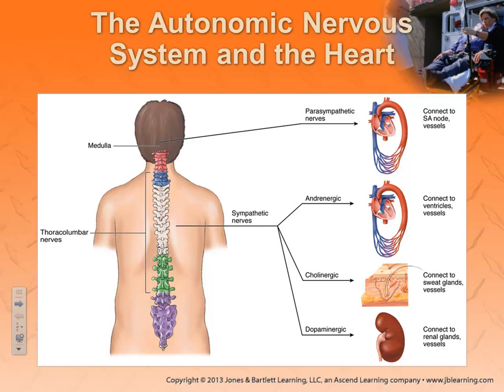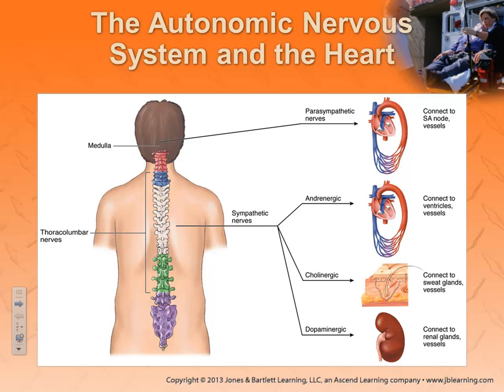Couple of terms that you've seen before, maybe not dopaminergic, but adrenergic and cholinergic. All right, cholinergic is going to be with your parasympathetic nervous system. Okay, adrenergic is going to be with your sympathetic nervous system. Cholinergic.